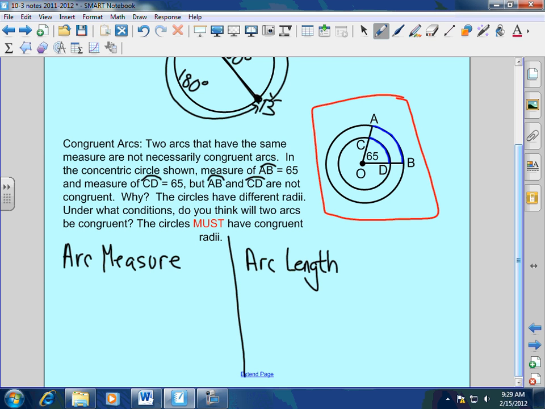Yes. Thank you, son. Arc measure is in degrees. It's degrees, okay? And we're going to go over, again, the central angle theorem and the inscribed angle theorem and the exterior angle theorem in the next slide. But the measure, we're talking about degrees.